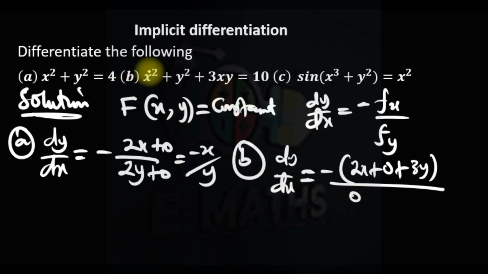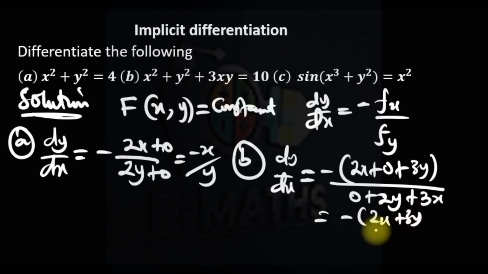If you differentiate x we have 0 plus 2y, now our constant is like 3x. So if you differentiate y, it is 1, so our answer is 3x. Therefore, the derivative is equal to minus (2x plus 3y) over (2y plus 3x). So I think it's very fast.